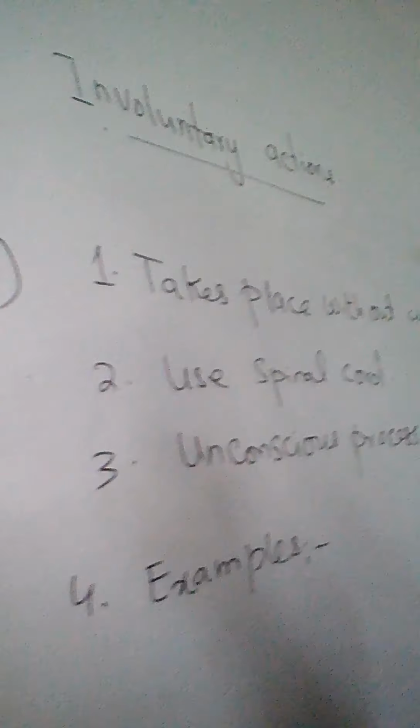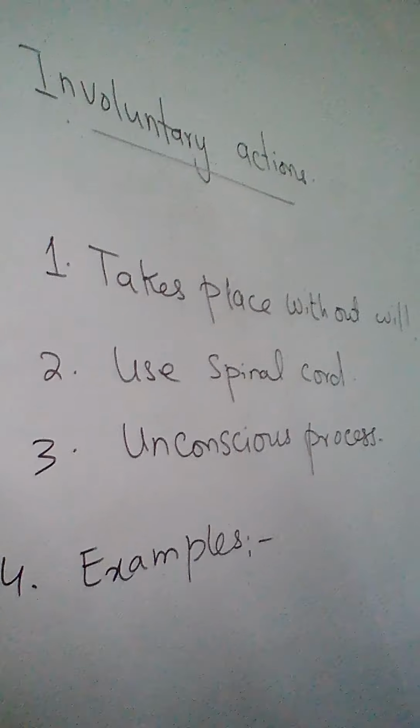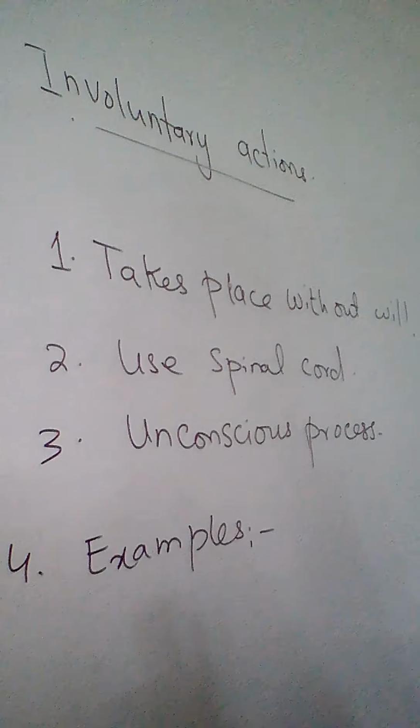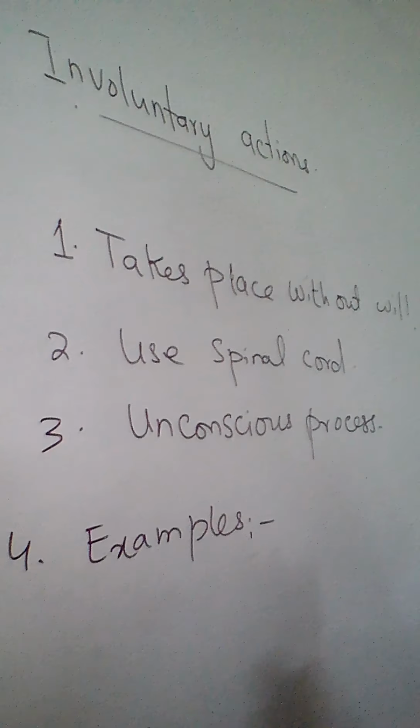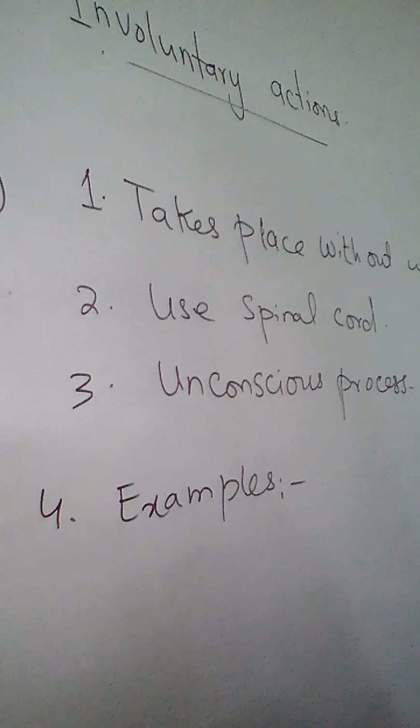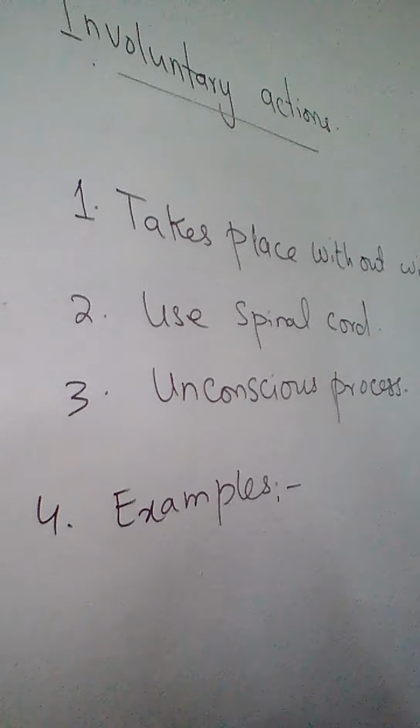Now, about involuntary actions. Involuntary actions are those actions which are done automatically. That is, we don't plan about them. We don't make any planning, and these actions are done automatically.